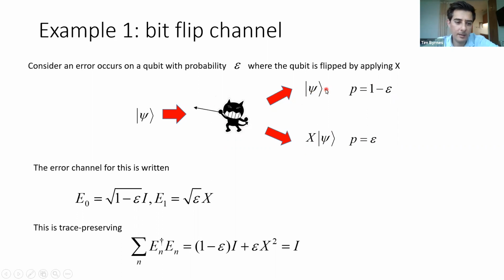So that's the way we write the error operators, or the error channel. This kind of operation is often called a channel. The way you imagine it is almost like a pipe, where you stick in a state on one side, something happens inside the pipe, and then a different state comes out.